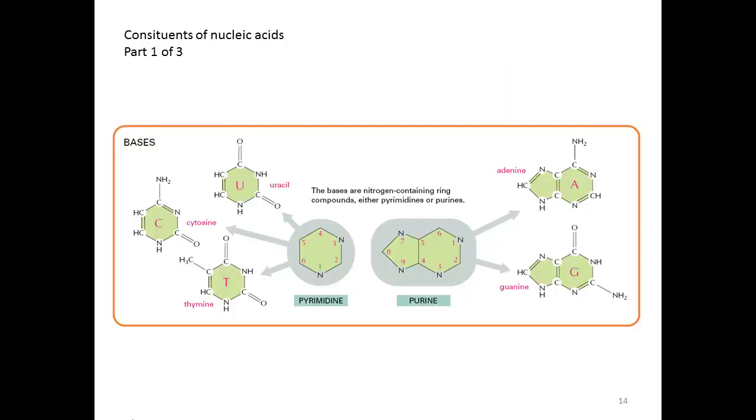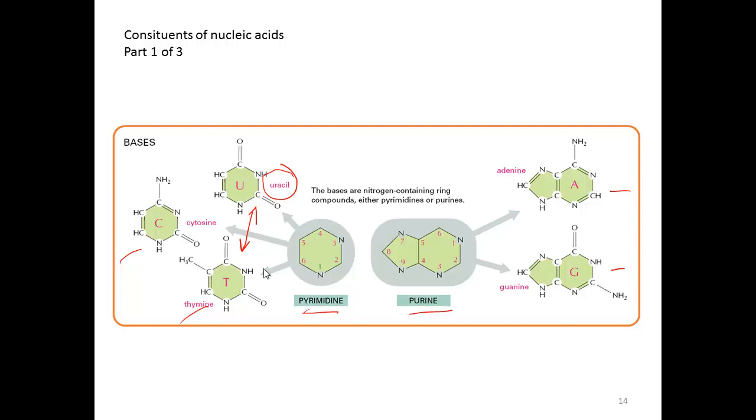Now there are two main types of nitrogenous bases that are used in nucleic acids, pyrimidines and purines. In DNA, we have adenine, guanine, thymine, and cytosine. And in RNA, instead of thymine, we will have uracil. But uracil and thymine code for the same information content.